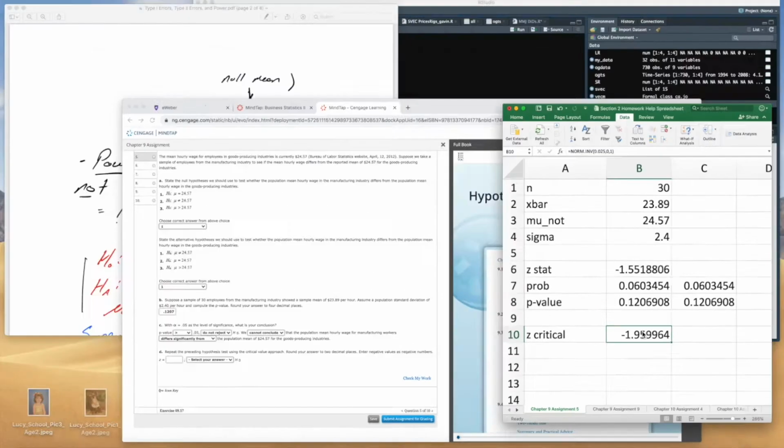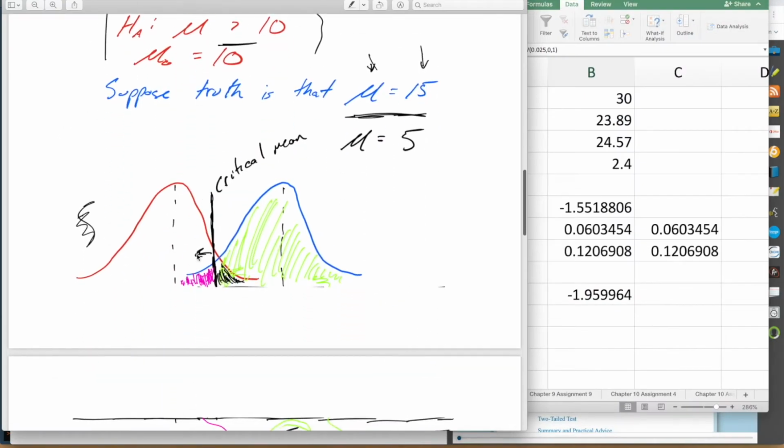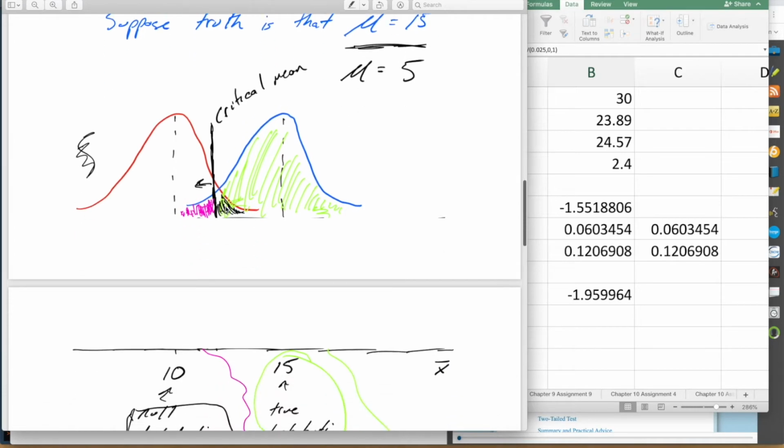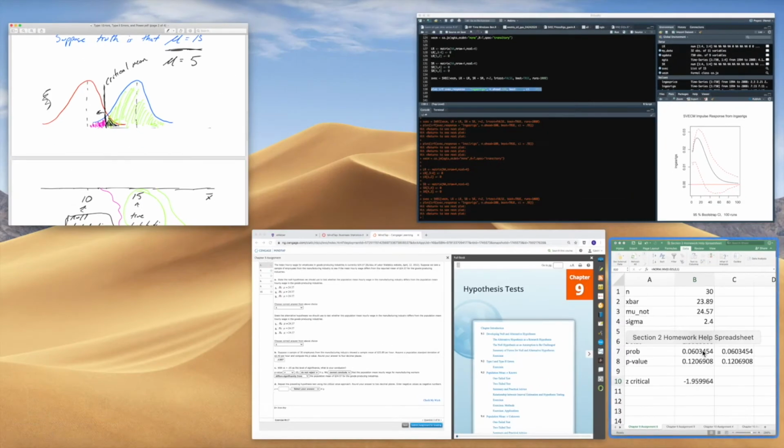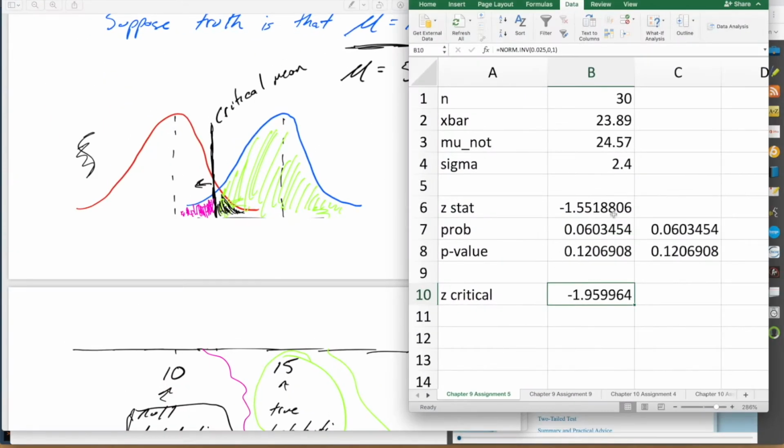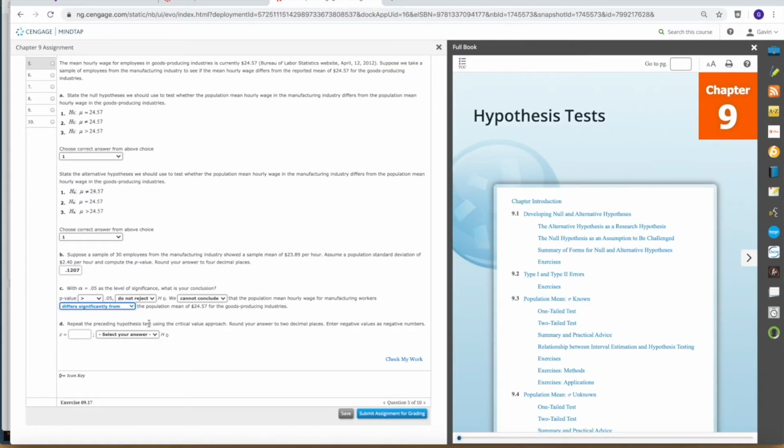So thinking about these diagrams, we didn't land far enough away. We only landed 1.55 standard errors away from the null hypothesis, but in order to reject the null hypothesis, we would have needed to land 1.96 standard errors away.